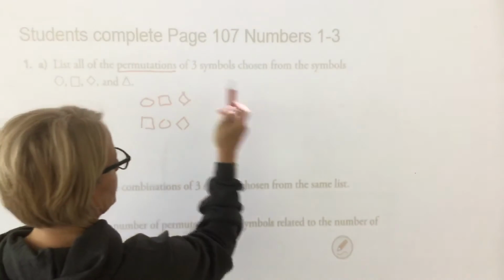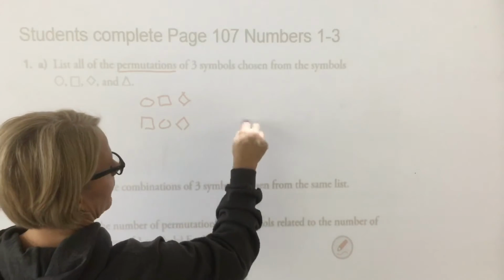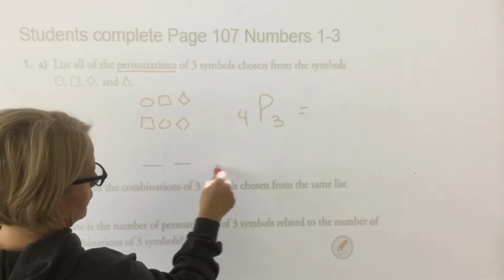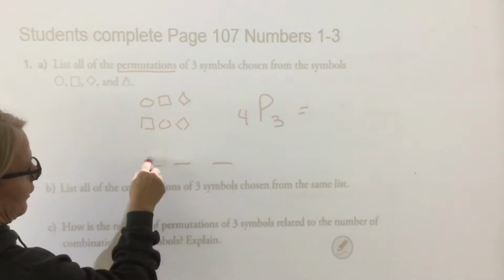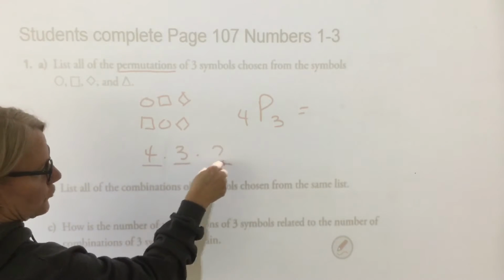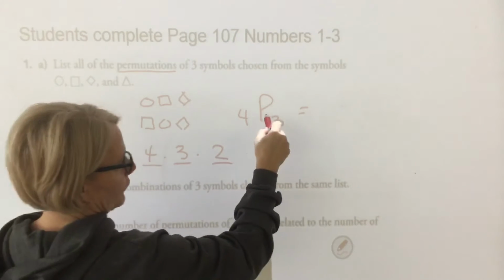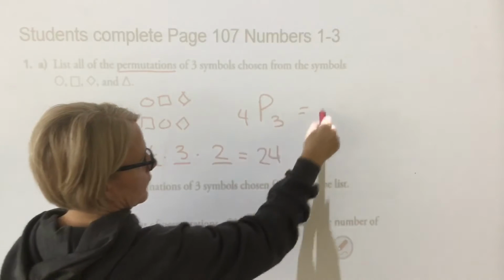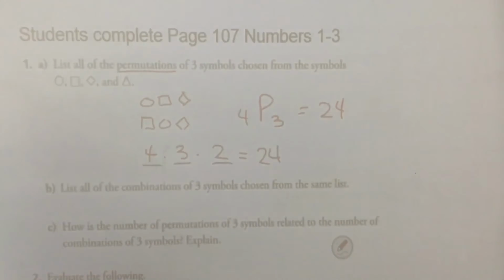So that makes it a permutation, that's the justification of it being a permutation. So I could do that, or I could also put my lines down and think, well, I have 4 to choose from, and then 3, and then 2. Either way, whether you do the formula in the calculator or this way, you get 24 ways.